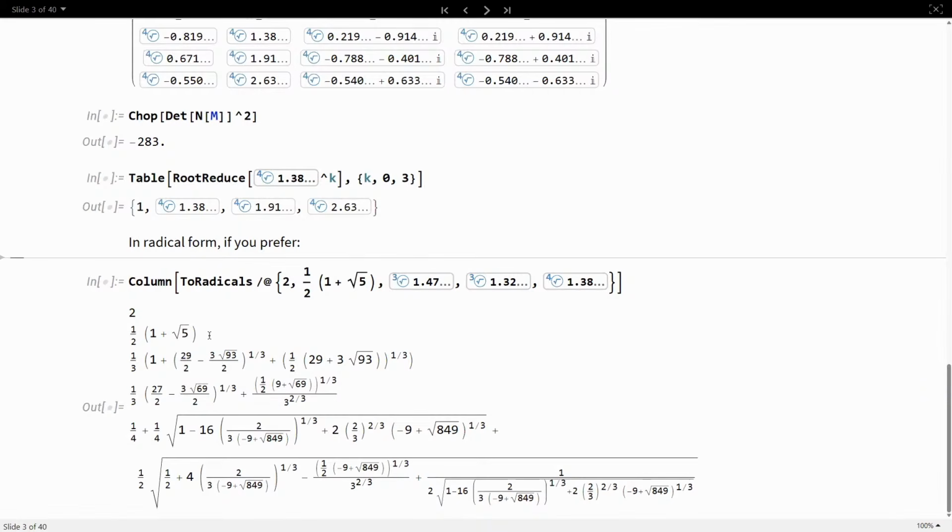The golden ratio is somewhat simple, but for the super golden ratio and the plastic constant, I do not have these two values committed to memory, the radical form. I would not be able to go up to a blackboard and write those out. And the chi constant is somewhat ridiculous. It's much more complicated.